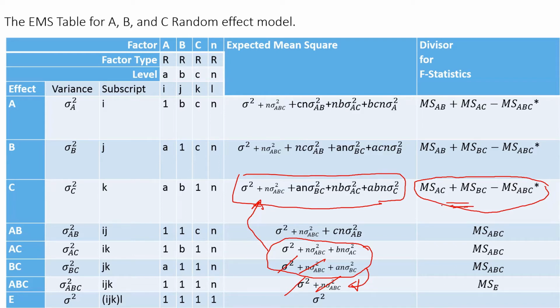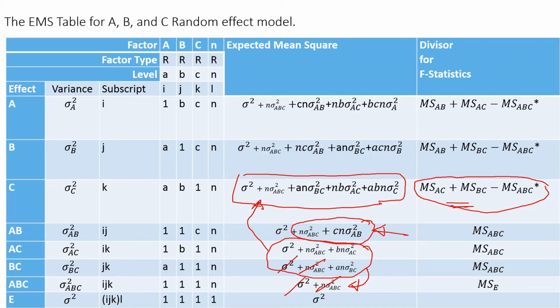So we have to find a linear combination of that, because the exact F statistic does not exist. For example, for AB, we can see the exact F statistic, because AB, BC or AC is associated with the ABC error.